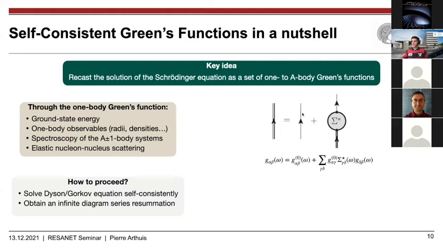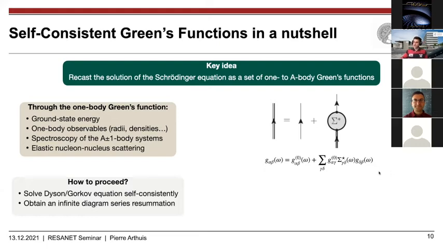And it is nothing but the uncorrelated one-body Green's function summed to this object, that is the self-energy contracted with the uncorrelated and the correlated one-body Green's function. So basically, in this self-energy, you have a whole bunch of diagrams. That is this infinite diagram series that you will truncate at a certain order. And then you solve this equation a certain number of times until your correlated propagator has converged.